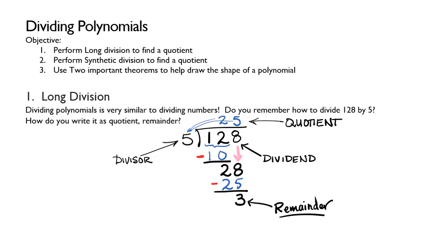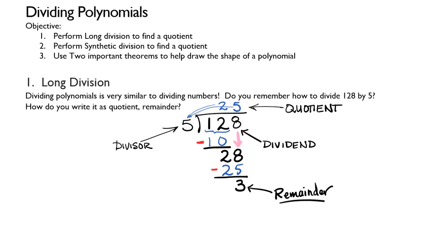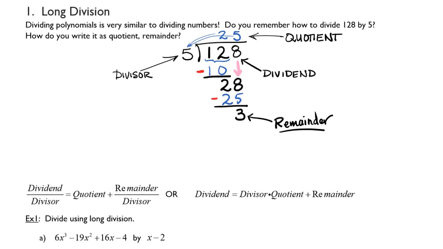Now, let's look at some rules and compare it to what we just did. Notice that we can write dividend divided by divisor equals quotient plus remainder over divisor. So our dividend was 128. Our divisor was 5.